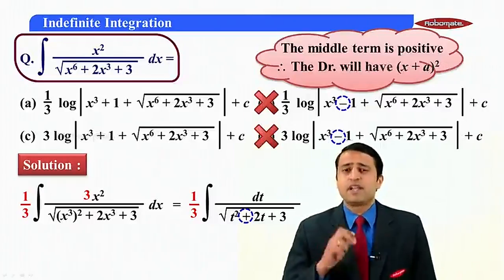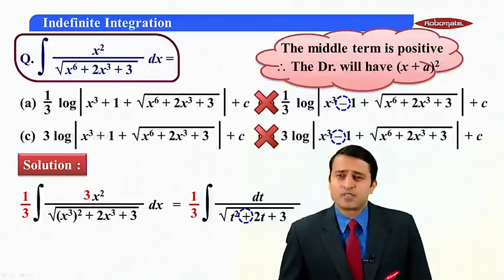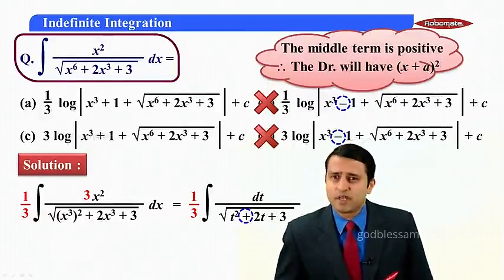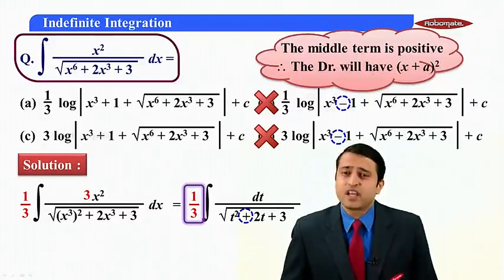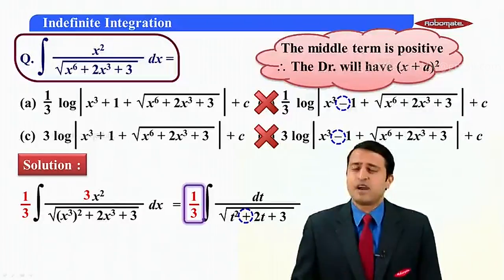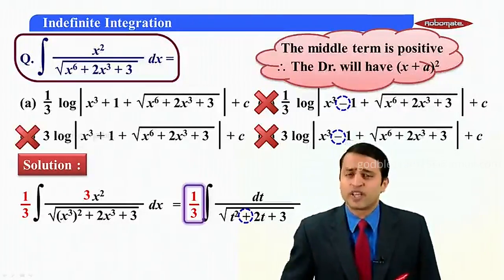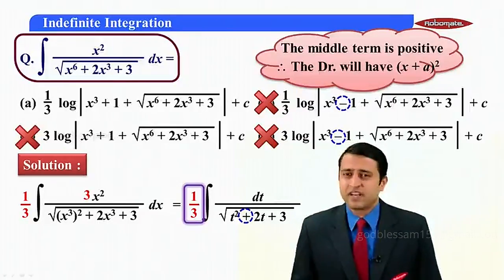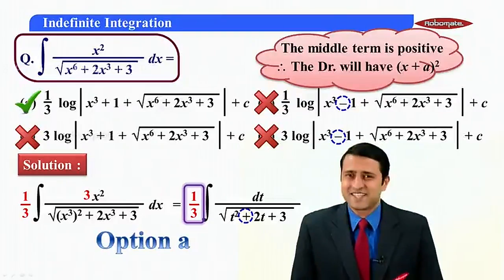So can I say B and D are not the answer? Now my dear students, if you fight between option A and C, the only difference is that in one of them there is 1 by 3 and the other has 3. If you see very clearly, we have a 1 by 3 outside the integral. So we can say option C also now cannot be the answer, or I can say I have the 3 wrong answers right in front of me. So I can conclude to say that option A is the right answer.